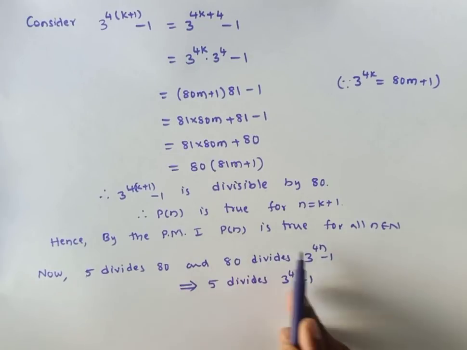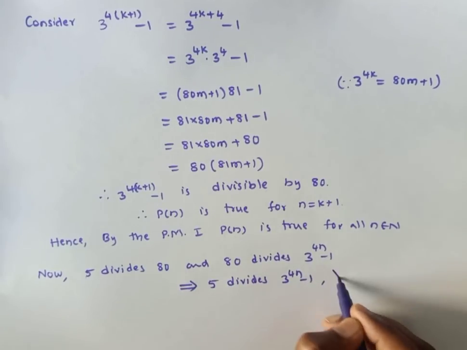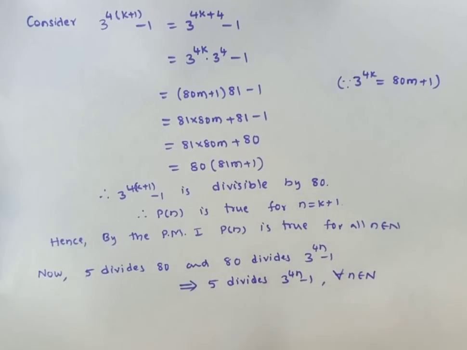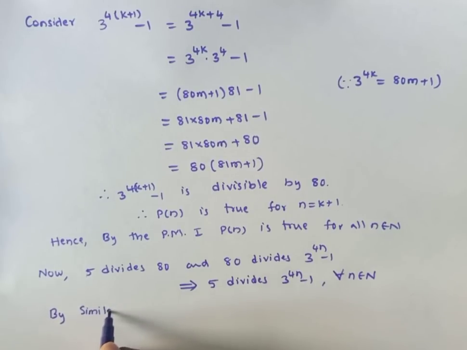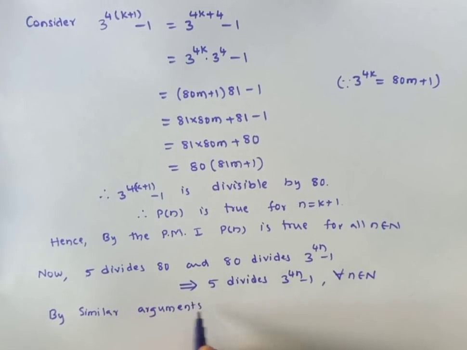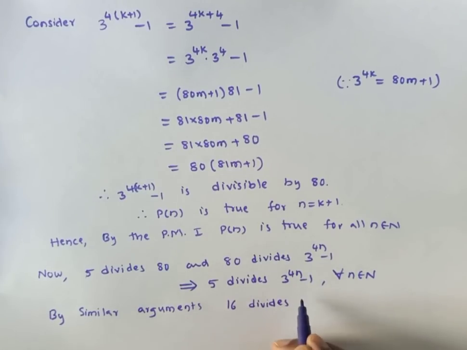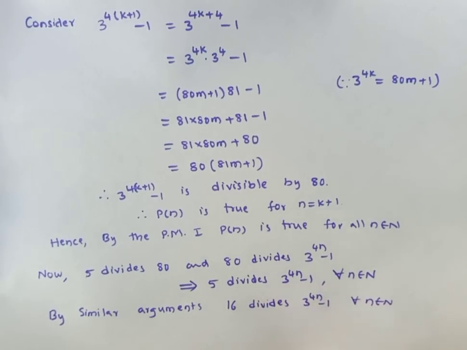So therefore 5 divides 3 power 4n minus 1 for all n belongs to N. And by similar arguments, 16 divides 3 power 4n minus 1 for all n belongs to N. Since 16 divides 80 and 80 divides this number, therefore 3 power 4n minus 1 is divisible by 16.